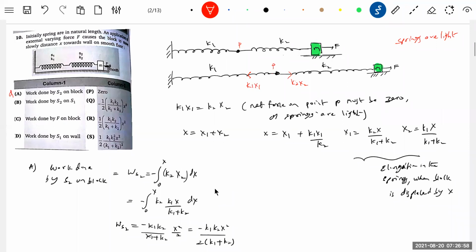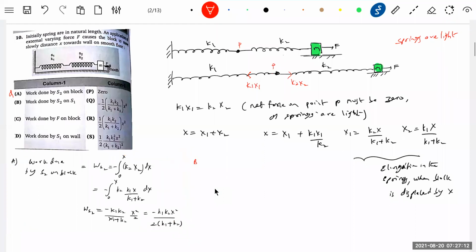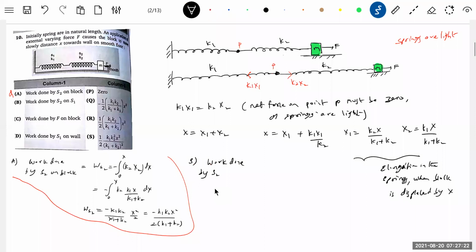We'll write like this. Then work done by S2 on S1. Okay, let me scribble here only. Work done by S2 on S1, means by spring 2 on spring 1.